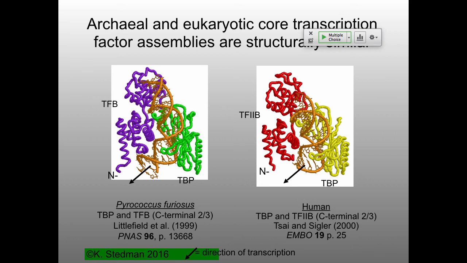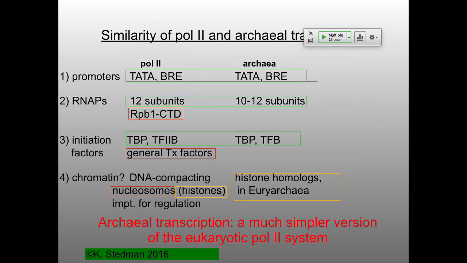There are a couple of differences between the archaeal polymerases and RNA polymerase II. One of those is the C-terminal domain, CTD. What happens to the CTD? It gets phosphorylated by TF2H, exactly.